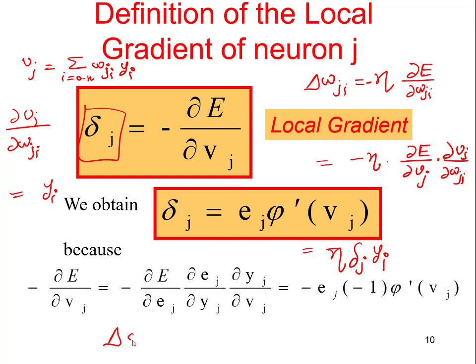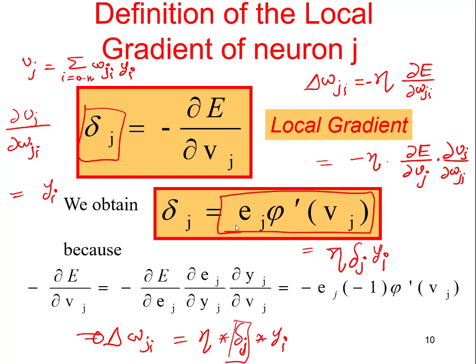So the update rule of Wji can be rewritten as the learning rate multiplied by our local gradient or local induced error. We can say both terms are correct. Local induced error multiplied by the incoming inputs of the jth neuron. Okay, so this equation can be reused for updating the weights of the output layer, where delta J of the output layer, we know its value is Ej phi prime of Vj.